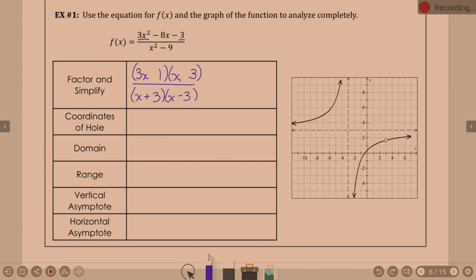In my brain I was saying I need a negative 9x and a plus 1x, right? So to get a negative 9x, it's 3x times 3. That needs to be negative 9x. 1 times x needs to be positive. And did that work for my negative 3 here? Positive 1 times negative 3.